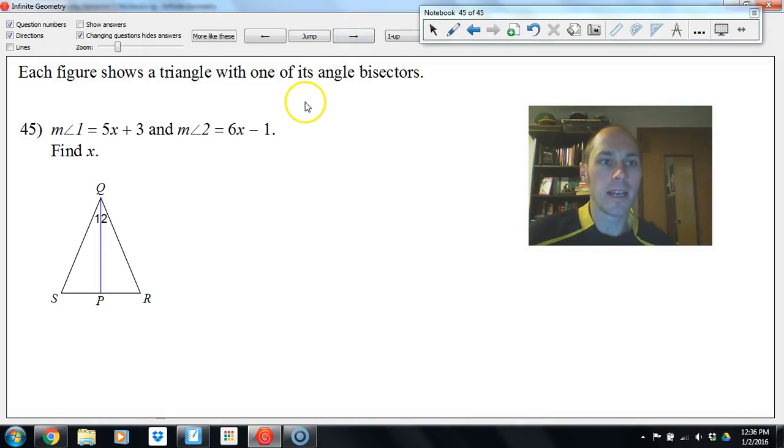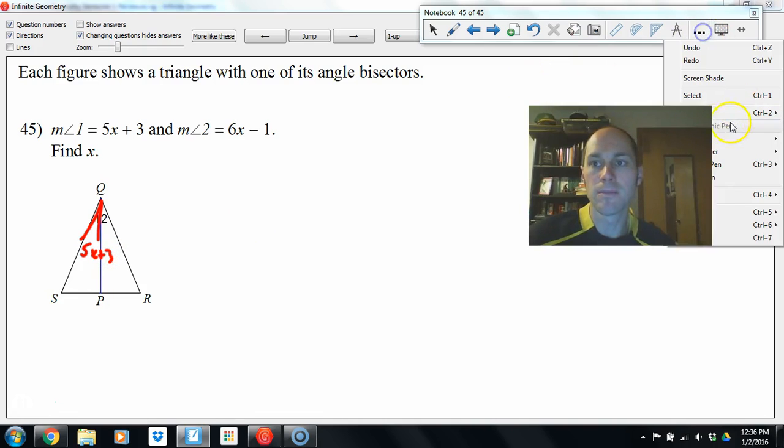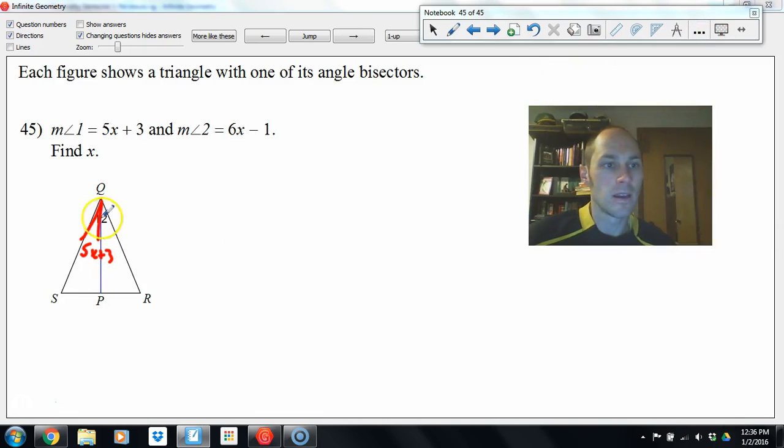Here we have an angle bisector. And if angle 1 is 5x plus 3, and angle 2 is 6x minus 1, then I need to find the measure of angle x.